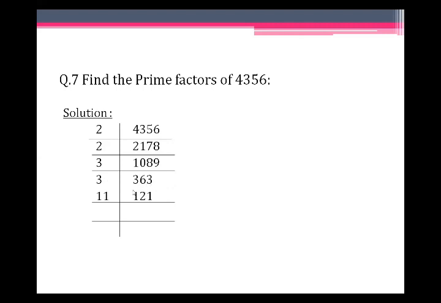Now 121 is divided by 11. So here we get 11 1s are 11 and again carry over 1, it becomes 11 and again 11 1s are 11. So 11 multiplied by 11, then we get 121. Now here 11 1s are 11, so this factorization is complete here and we got the prime factors of 4356.